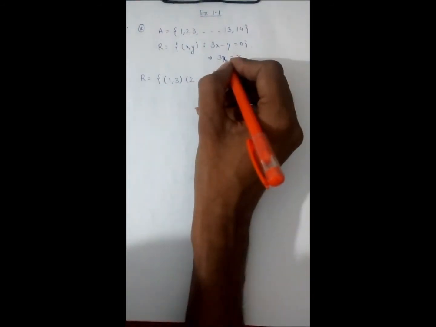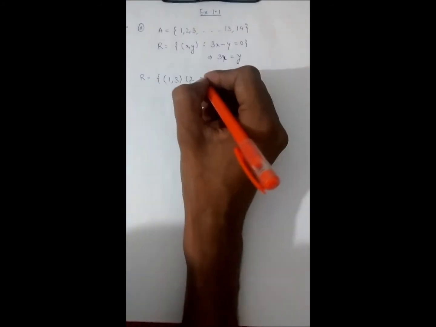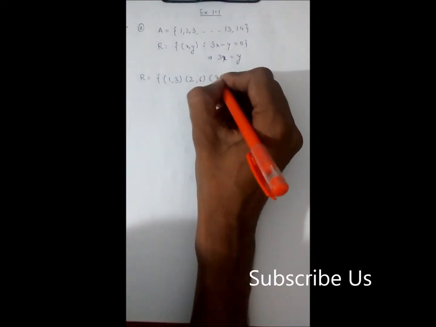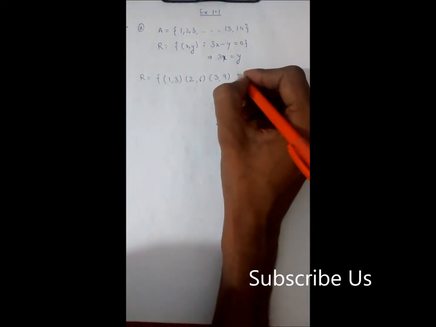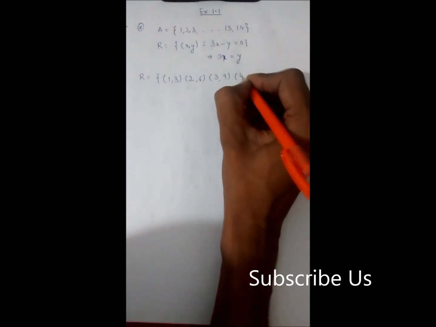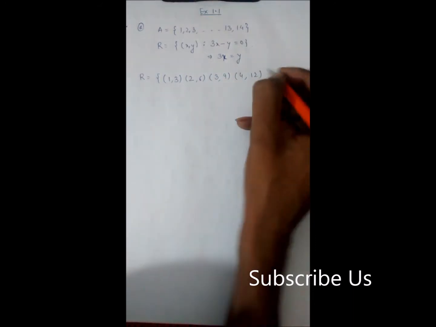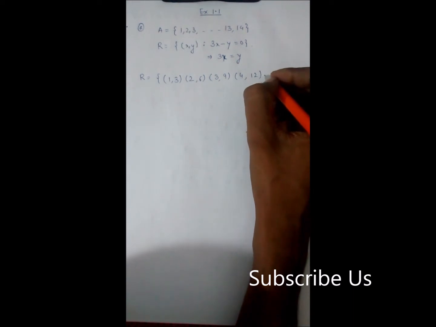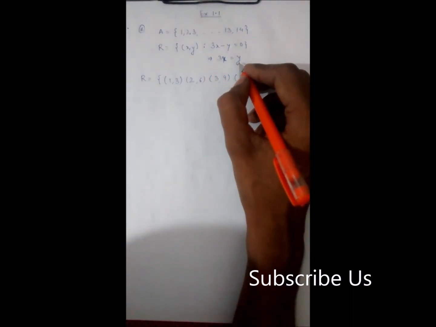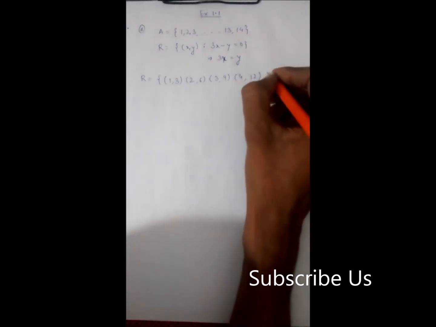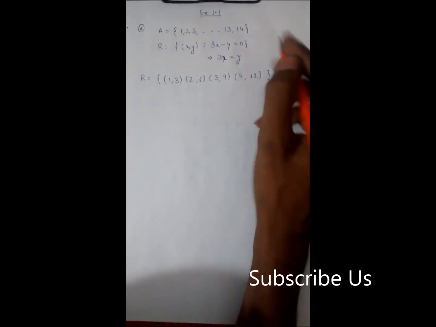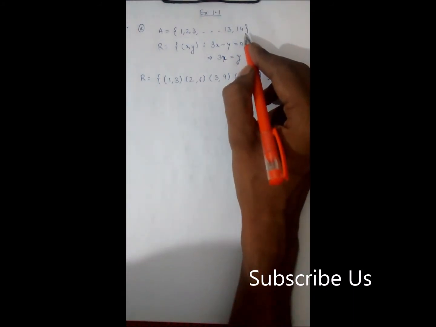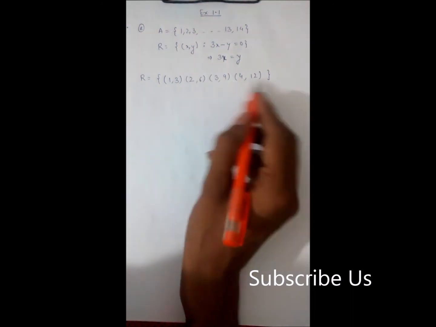Choose x equals 2, y will be 6; x = 3, y = 9; x = 4, y = 12; and for x equals 5 we will get y equals 15. That is not an element of R because 15 does not belong to A. So this is my relation R.